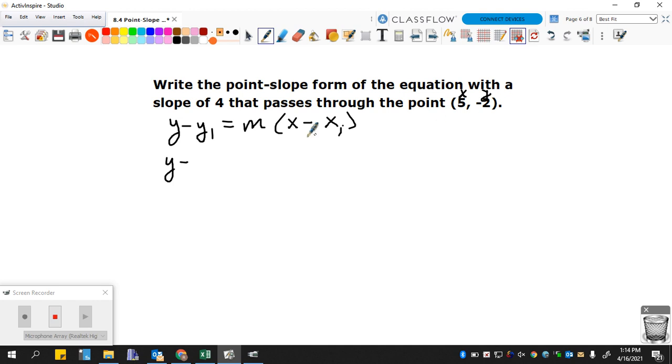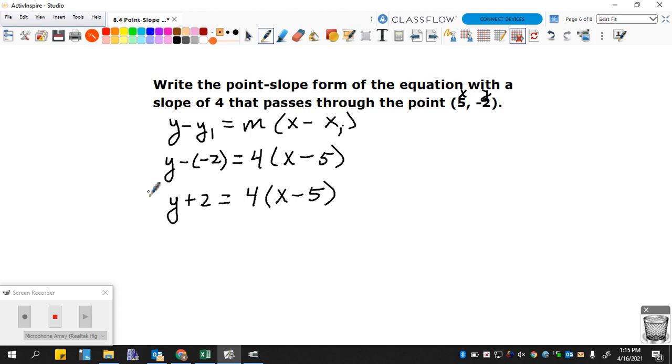So y minus negative 2 is equal to the slope of 4 times x minus, and the x value is 5. So we're almost done except for this double negative. So this would be y plus 2 is equal to 4 times x minus 5.